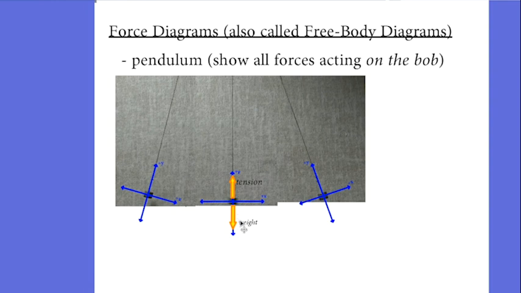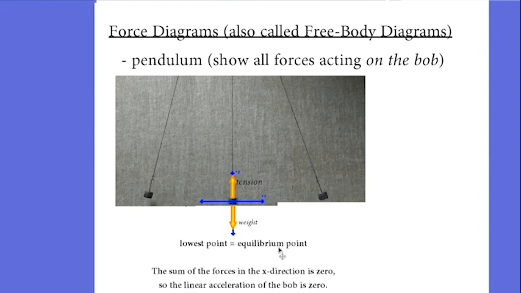When forces sum to 0, we say the object is in equilibrium. So this lowest point of the swing is referred to as the equilibrium point. At the equilibrium point, there is no net force in the x direction. So there is no acceleration in the x direction.